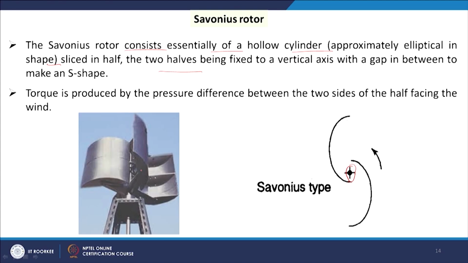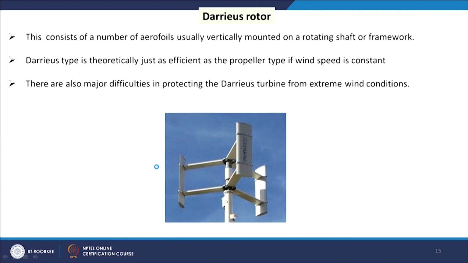So, here the drag force helps to rotate the rotor and the blades. But in case of the Darrieus rotor, this consists of a number of aerofoils. So, when air is coming here, there will be some lift. So, lift will help to move the rotor and the blades. The Darrieus type is theoretically just as efficient as the propeller type if wind speed is constant.